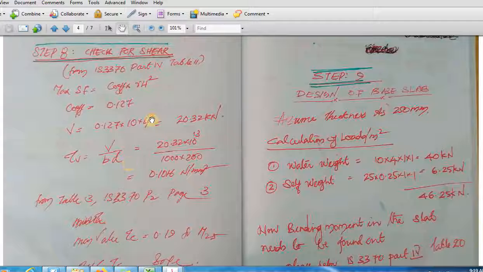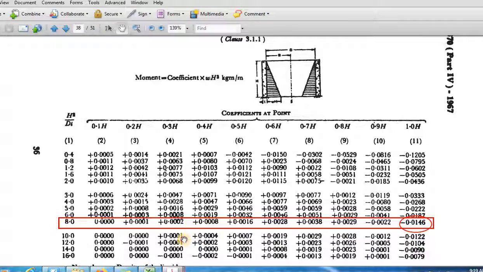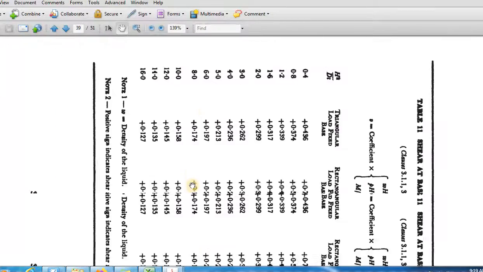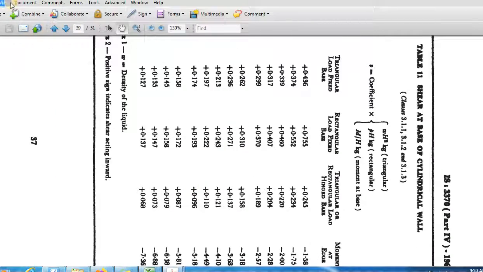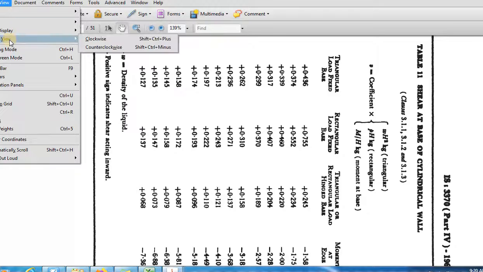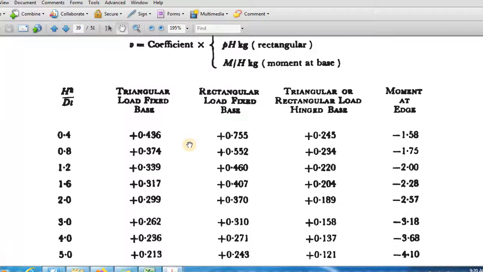So from IS 3370 part 4 table number 11, there is where your shear coefficients are given. Okay, this is the one, shear coefficients. So we need to take the triangular load case.